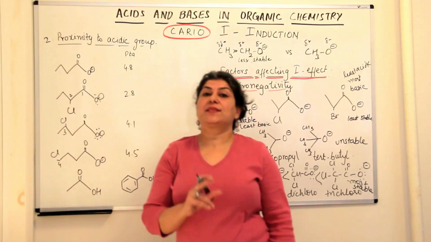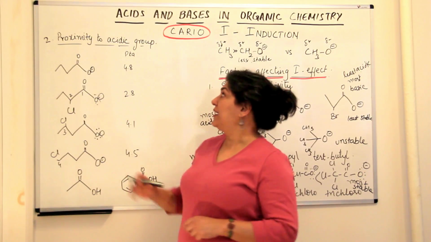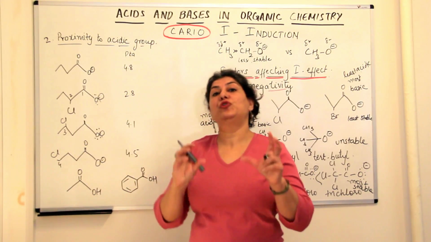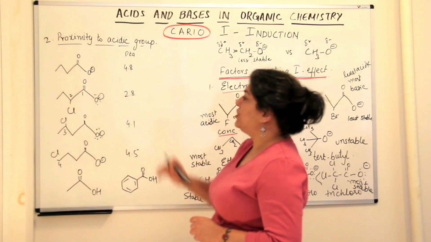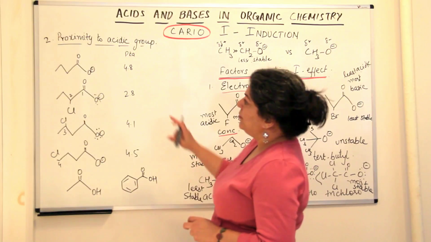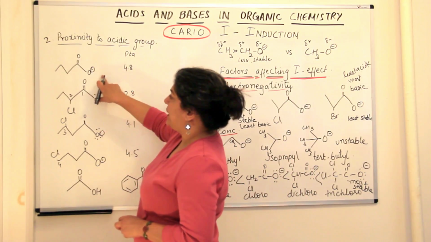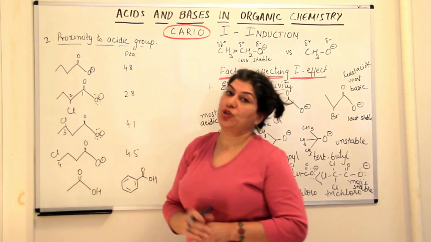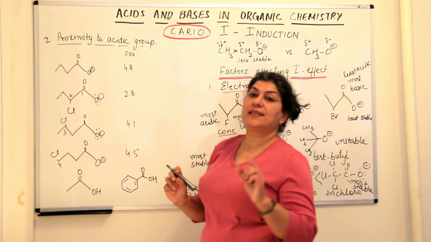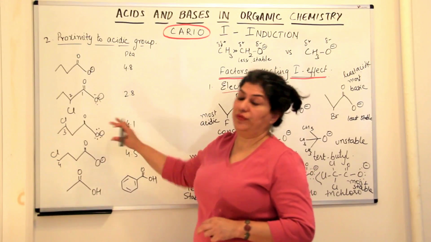Now the second factor that affects inductive effect is the proximity of the group to the acidic group. I've written the pKa values of these 4 acids. And if you see, this one is butanoic acid. Here, these 3 are chlorobutanoic acids, but the chlorine is attached to different carbon atoms in all of these.